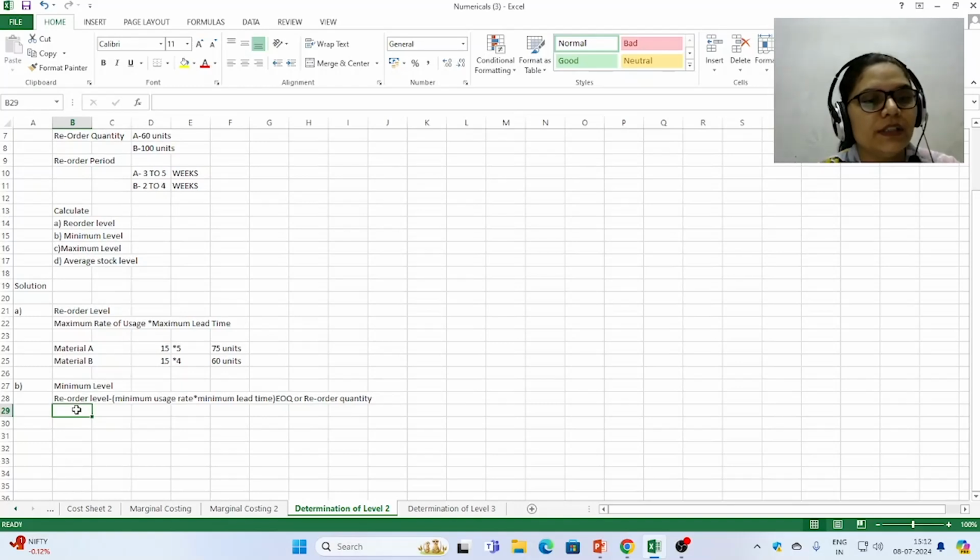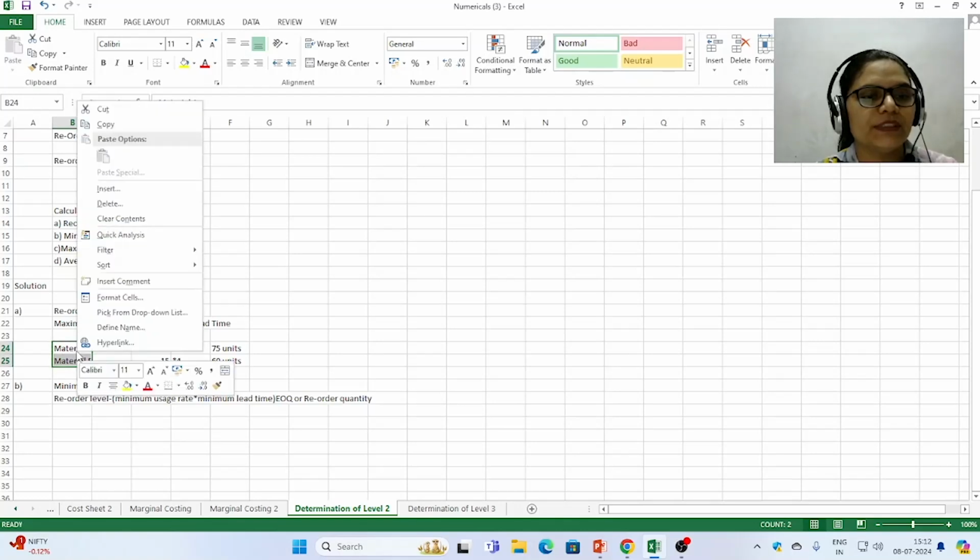Again we will calculate minimum level for material A and material B separately.